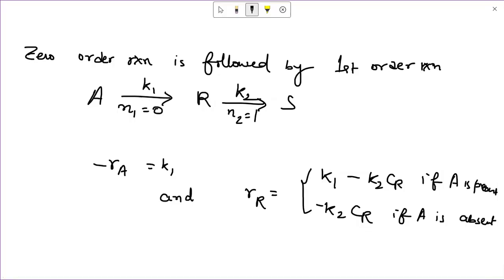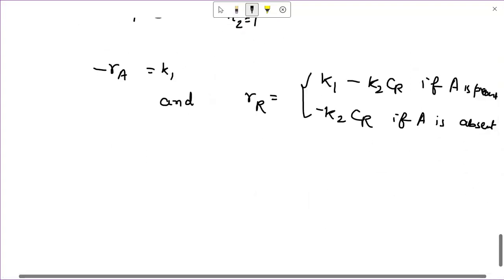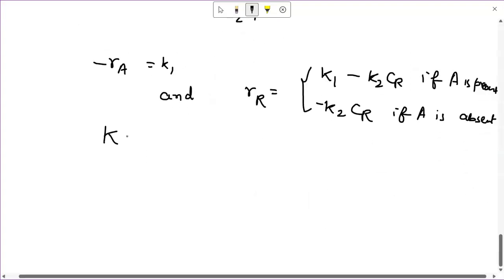So these are the two cases because the first reaction is now a zeroth order one, that is independent of the concentration of A. And accordingly you can write the term capital K as K2 by K1 by Ca naught.